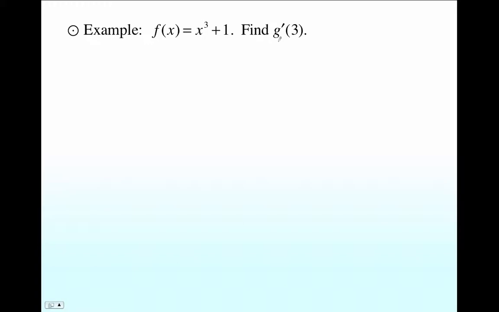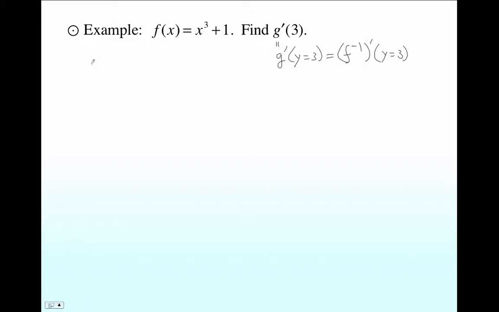So, for example, we've been asked to calculate this thing, g prime at 3, which means the following. It means g prime at y equal to 3, of course, or equivalently, it's the derivative of the inverse at y equal to 3. That's just amplifying what this means over here.